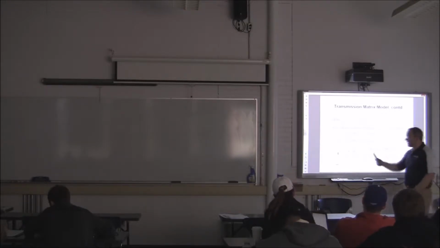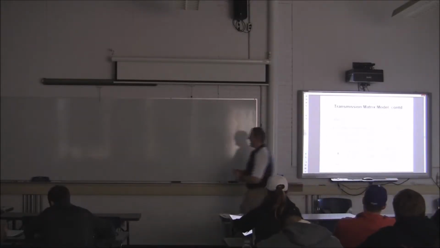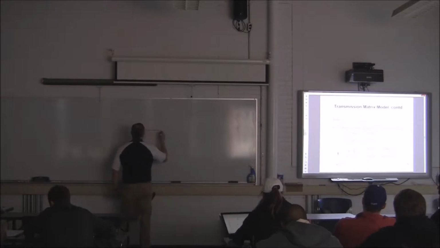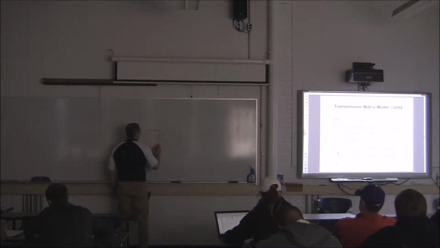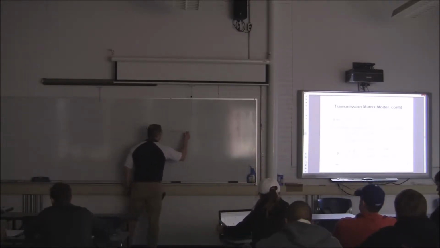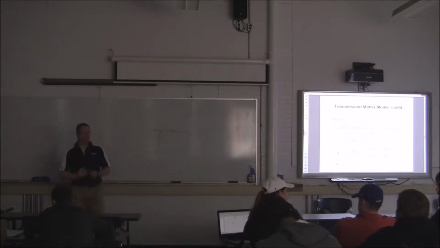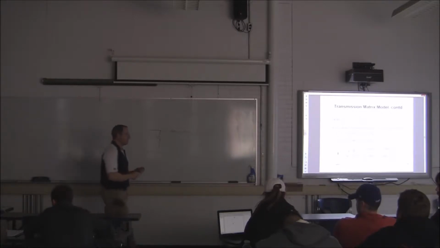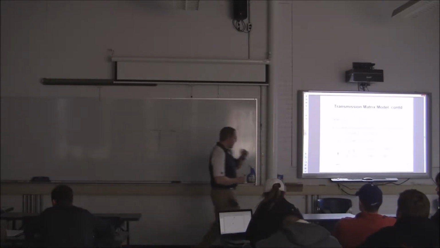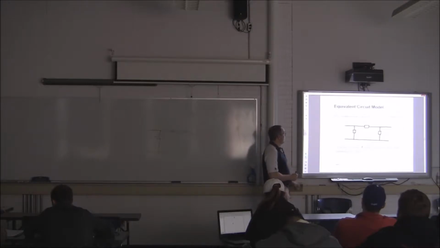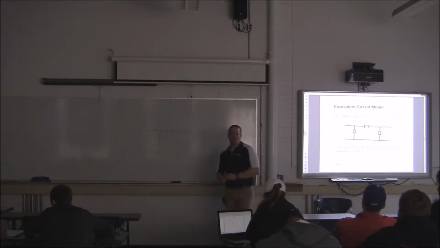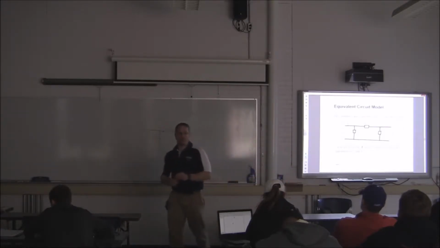So for this T model, which means that my transmission line looks like this, you have the A, B, C, D parameters that you need. Those are the A, B, C, D parameters. But that's not what we typically do in industry.